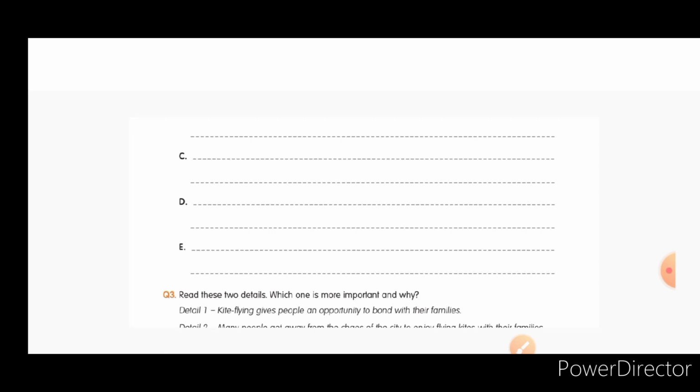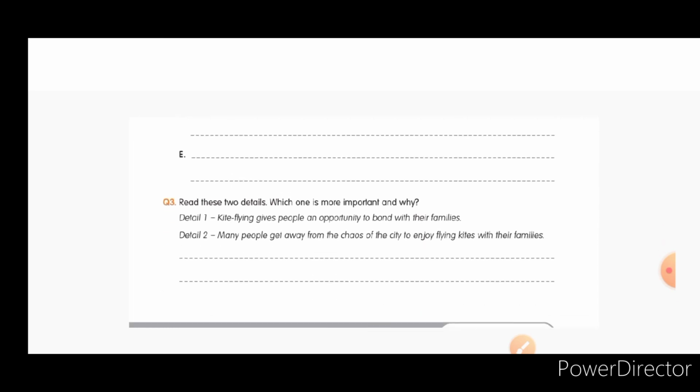Now if you see question number 3, read these details. Which one is more important and why? Detail 1: kite flying gives people an opportunity to bond with their families. Detail 2: many people get away from the chaos of the city to enjoy flying kites with their family.